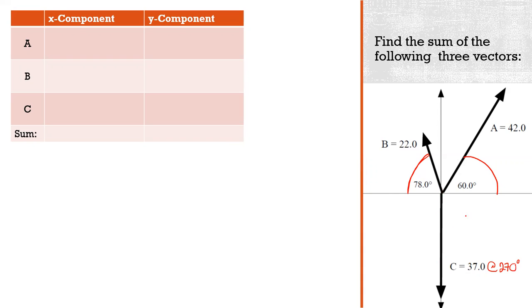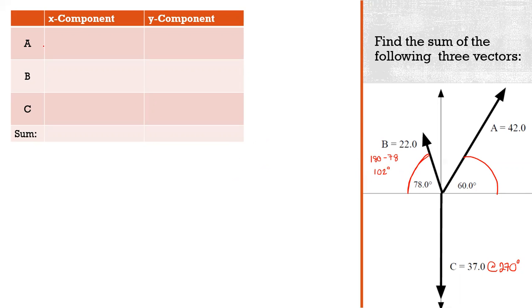So the first thing we're going to do is calculate our x and y components. Let's correct our angles first. Vector A, we don't need to correct the angle, but vector B, we do. So vector B here is 180, and I go back 78 degrees. So 180 minus 78 gives me 102 degrees. So that's our corrected angle.